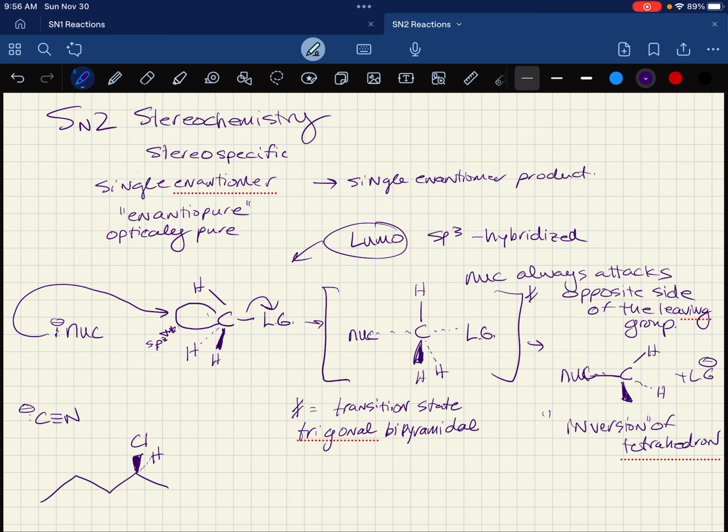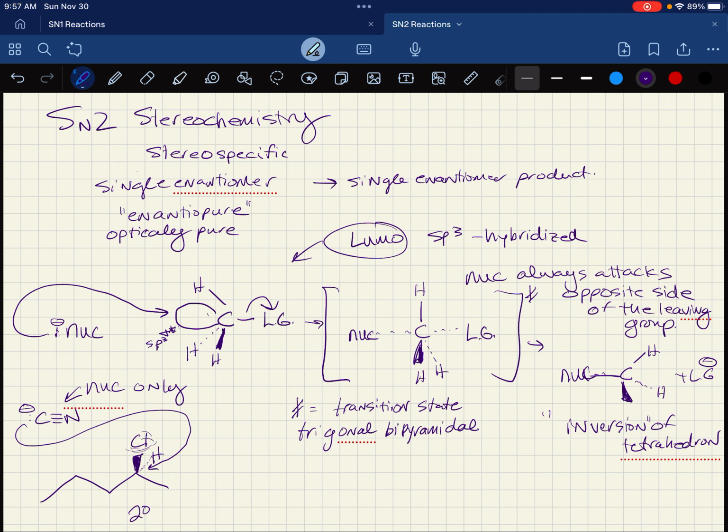And so this chloride is going to be a great leaving group. Cyanide is a nucleophile only typically. It's not a good base. It is also a strong nucleophile. So here with a secondary substrate and a poor base, we're going to expect SN2. So this is going to come in and attack opposite side in the back of the chloride anion.